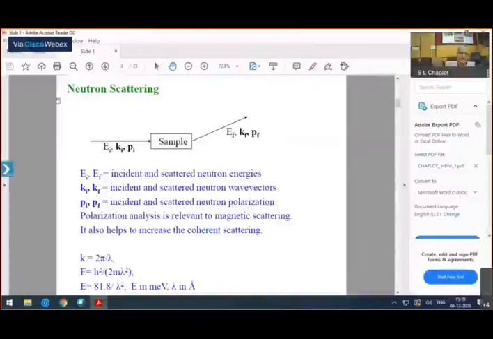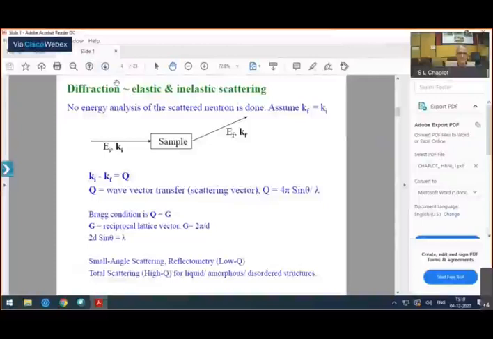And what you have in case of diffraction is something very simple. Diffraction essentially combines the elastic and inelastic scattering, and that is because we don't do any energy analysis of the scattered neutron. Largely the scattering is elastic.